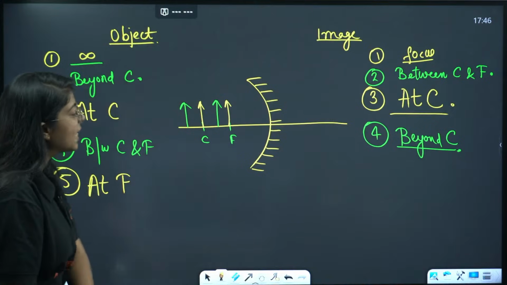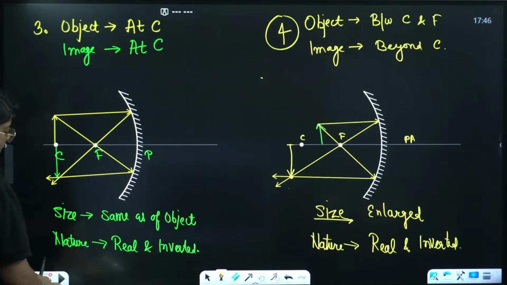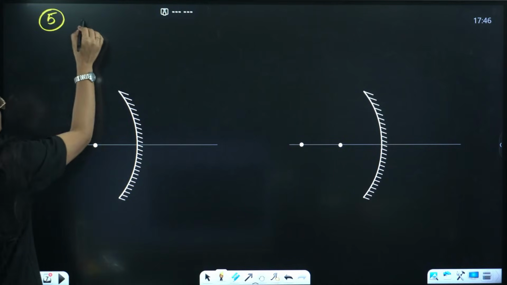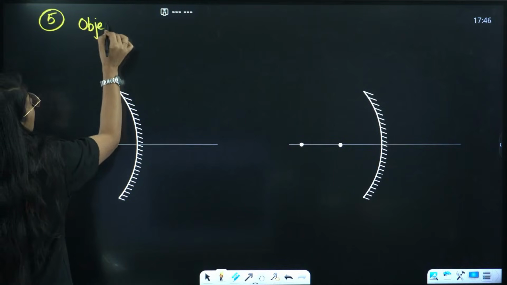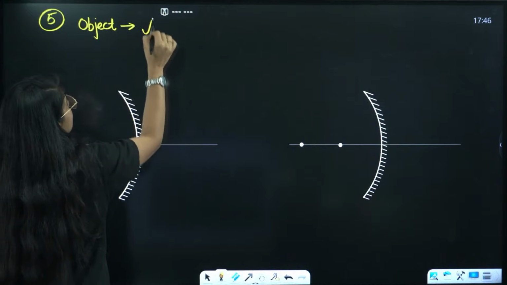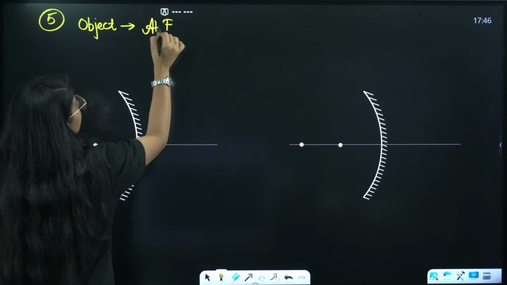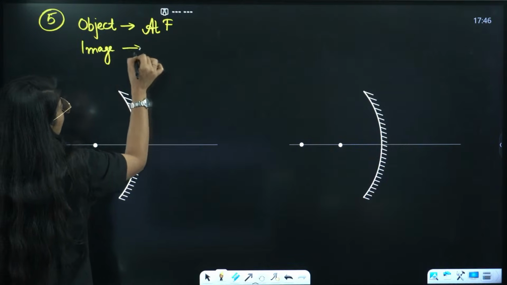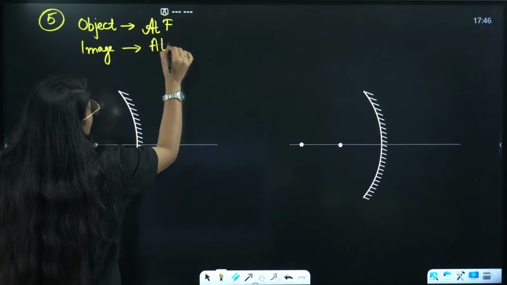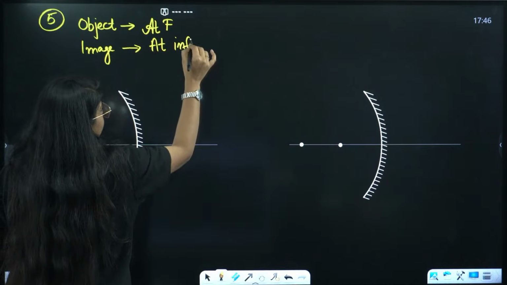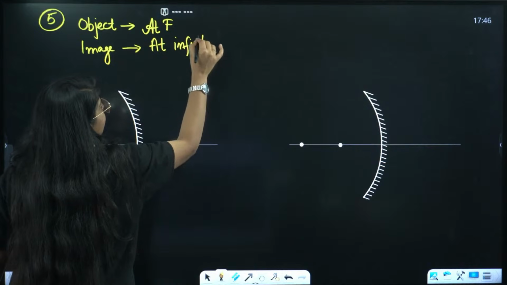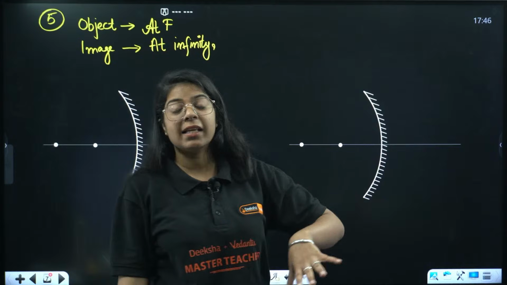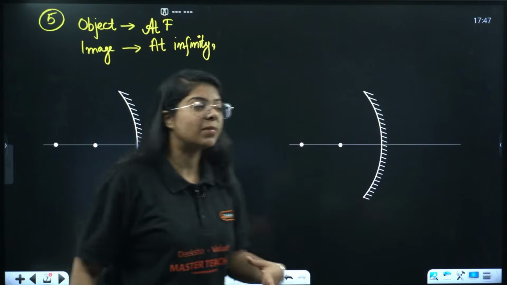Chalo, let's see how will we make the fifth case, right? So this is my fifth case. In fifth case, the object is at focus of the mirror, right? And the image is made at C. Now you can either write it is made at infinity, ठीक है, it is made at infinity, or the new NCERT is saying that you can also write the image is not being formed.